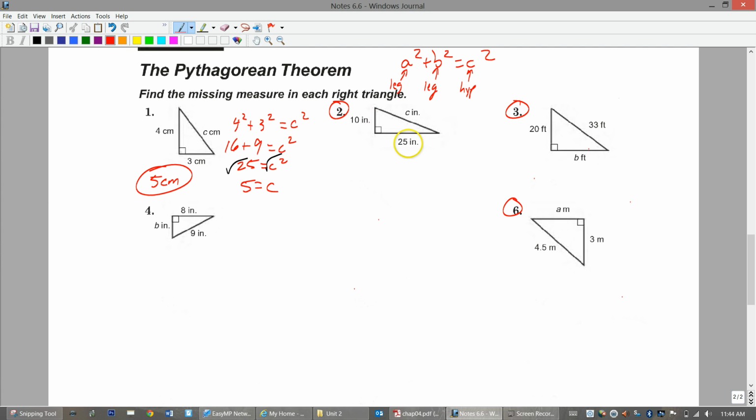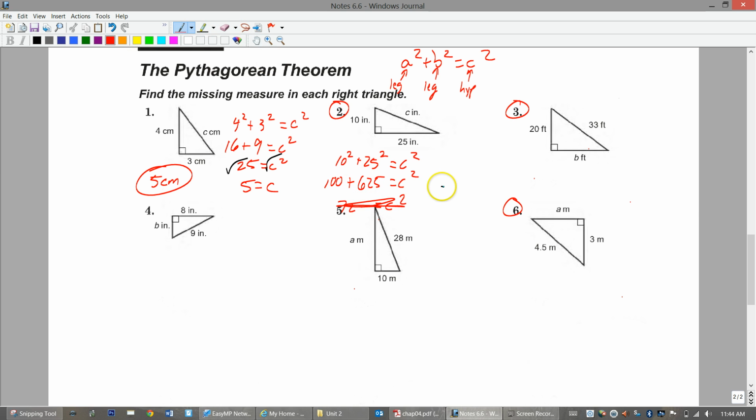All right, here we go. So the 2 legs of the right triangle are 10 and 25, so we get 10 squared plus 25 squared equals c squared. That's 100 plus 625 is c squared. So we get 725 equals c squared.